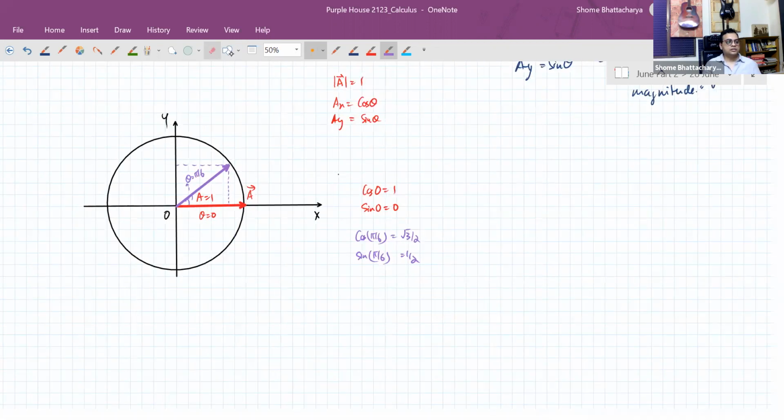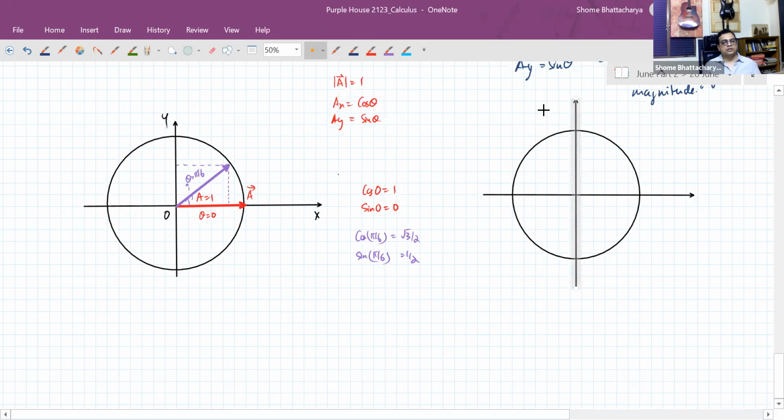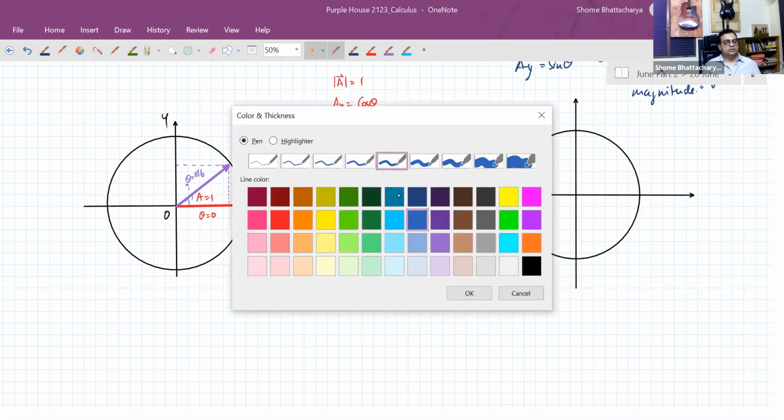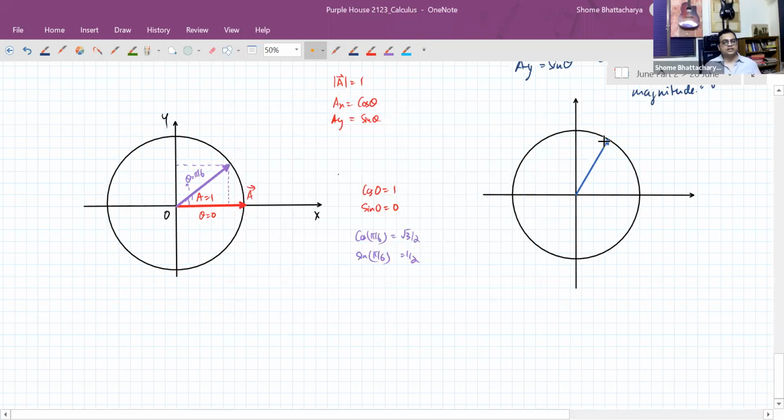Now likewise, if I continue this and turn this vector further. The circle is just to help you understand that we are rotating it, right?